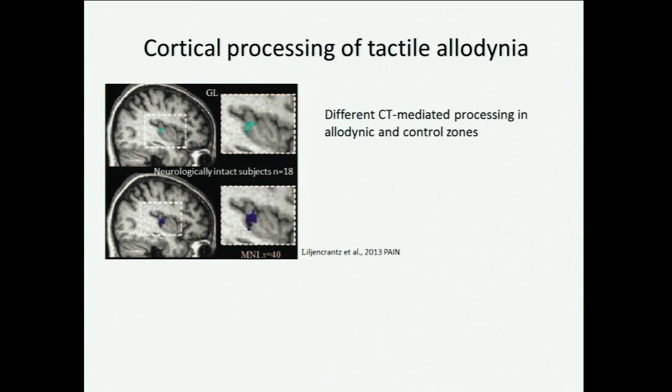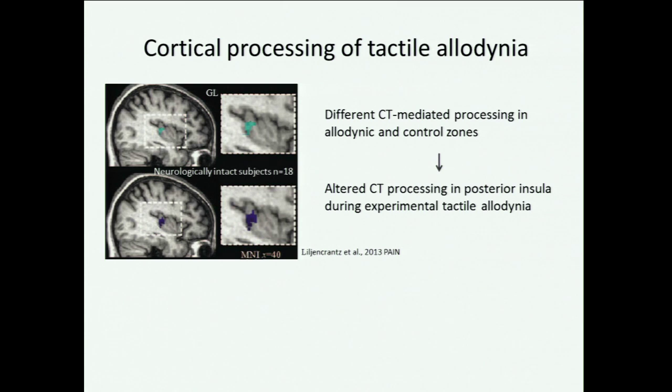And we did fMRI on this, and this is a multivoxel pattern analysis. So what you can see here is areas of the posterior insula where the processing was different in the control zone and in the allodynic zone. And this is the subject GL, and this is control subjects. So there is an altered insula processing during experimental tactile allodynia.